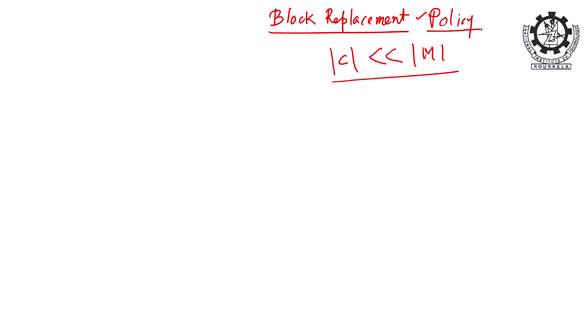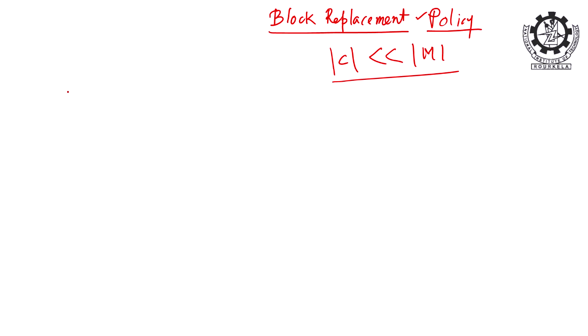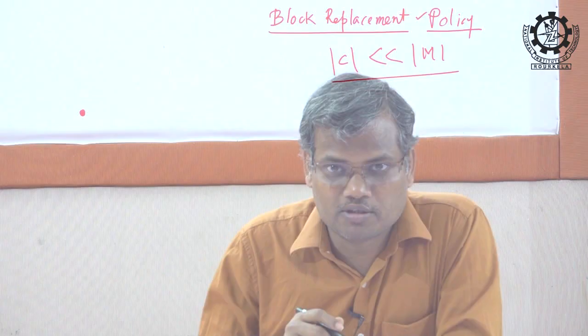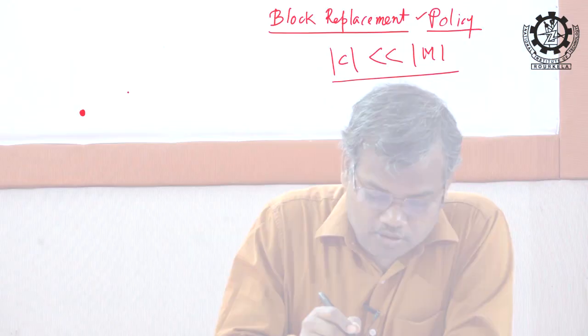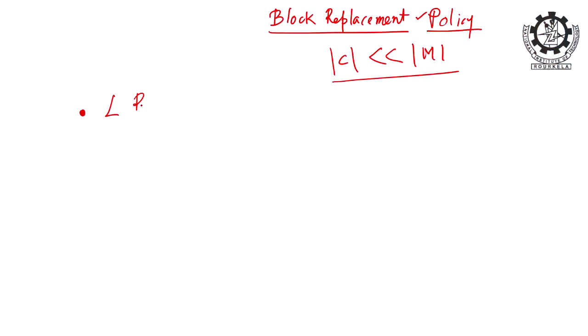Now, one very famous replacement policy that is often used is called LRU. There are many replacement policies and we will learn more in the operating system class. In today's class, we will talk about only one replacement policy, LRU, that is, least recently used.